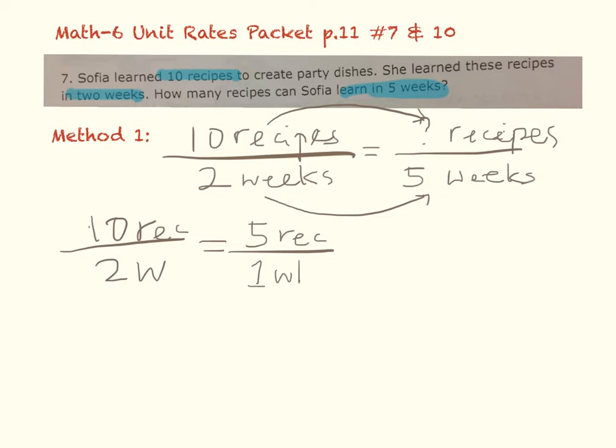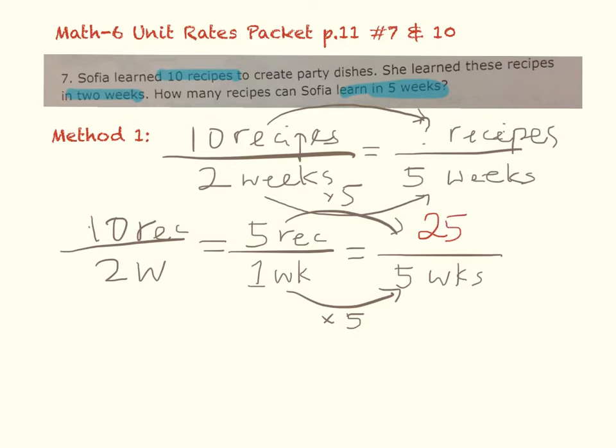So now we have the unit rate. With this unit rate, it will make it very easy for you to find the final answer. Okay, so 1 times 5 gives you 5. Then 5 times 5 will give you the final answer, which is 25 recipes.